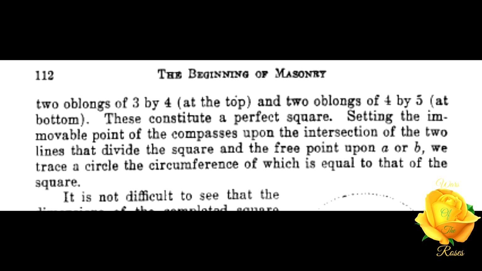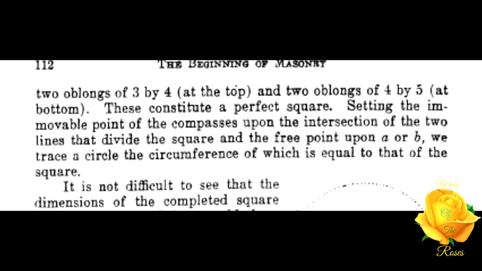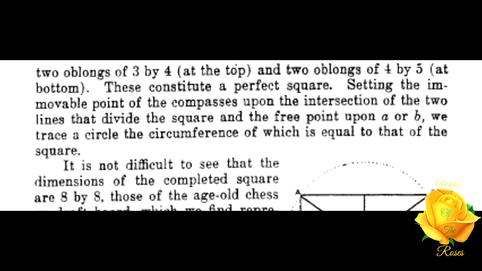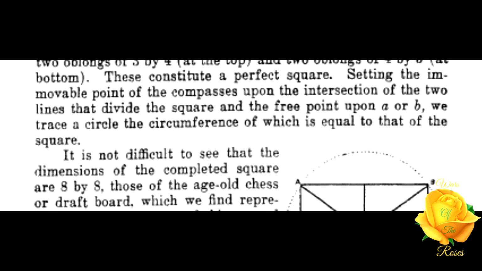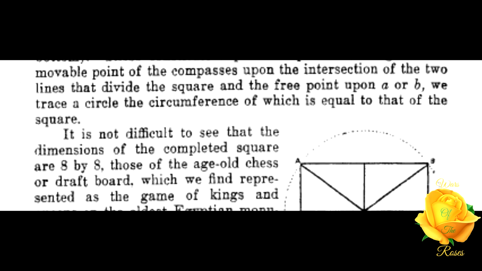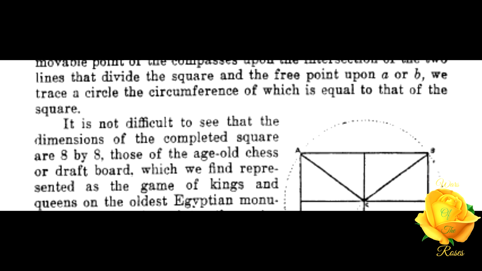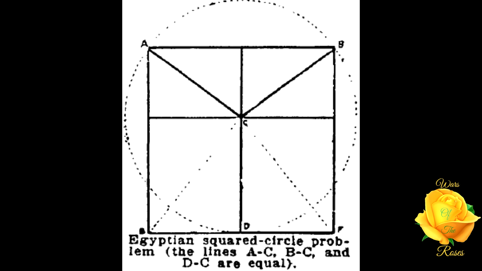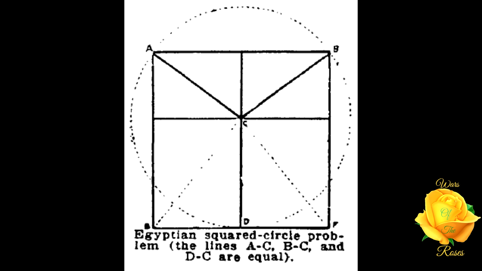These constitute a perfect square. Setting the immovable point of the compass upon the intersection of the two lines that divide the square, and the free point upon A or B, we trace a circle, the circumference of which is equal to that of the square. Egyptian squared circle problem. The lines AC, BC, and DC are equal.